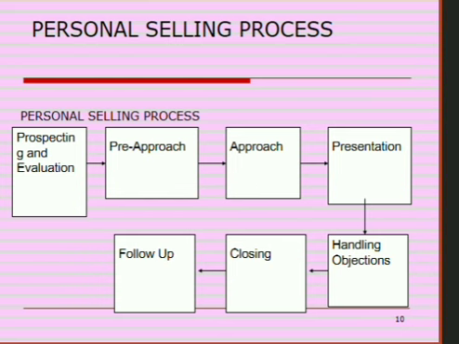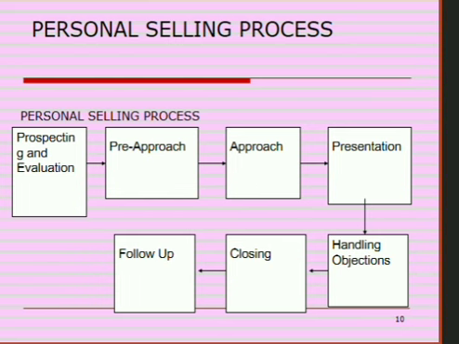Another important thing I would like to highlight is that it is not necessary that every salesperson will follow this systematic process of sales. Depending on the nature of the product and the nature of the purchase process, it may start with direct objection handling, or it may start with the presentation.